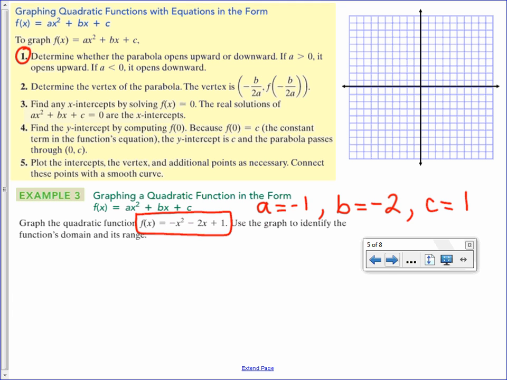Now, one thing I do not want you to do, it makes me very angry, is when students just write on top a, b, c. And why? Because they tend to overlook the signs. I've graded so many exams, and I've seen it so many times, and I know one of you or two of you or three of you are going to do it.